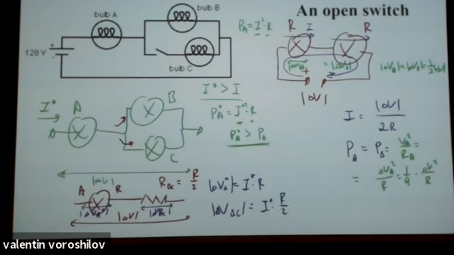And by the way, I can immediately see from this calculation that because the electric current is the same, the voltage A star will be equal to twice the voltage BC, to get IR. Plus, I also know that the voltage A star plus the voltage BC should be equal to the total voltage.